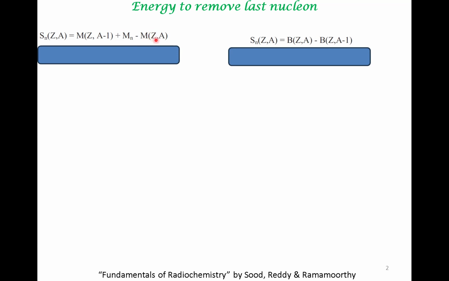The atom has this particular Z, this particular A. When you remove one neutron, A decreases to A minus 1, but Z remains the same, since the atomic number does not change. So you would be left with a nucleus of this configuration and an isolated neutron. This is like the energy of a reaction, where the reaction is removing one neutron. This is, in a way, the reactant state, and these are the products of that reaction.